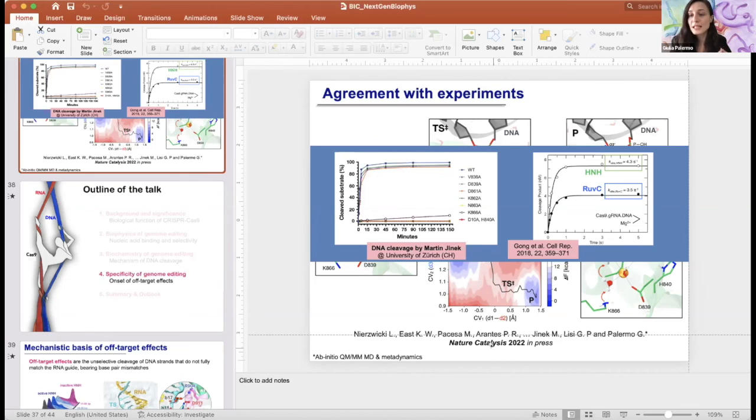So with single molecule experiments, you can measure the time required for the conformational change, then you can measure the time required for the cleavage. So I think that these can be parameters that can be used in the future to compare with our data. So these could be more accurate parameters to compare with our data, I think. Because we have many assumptions with this comparison. This is important to mention.